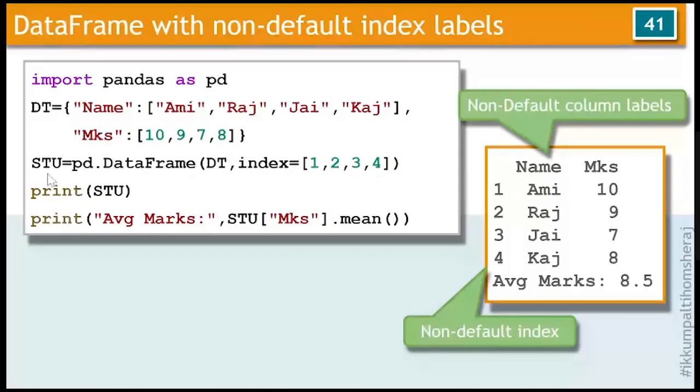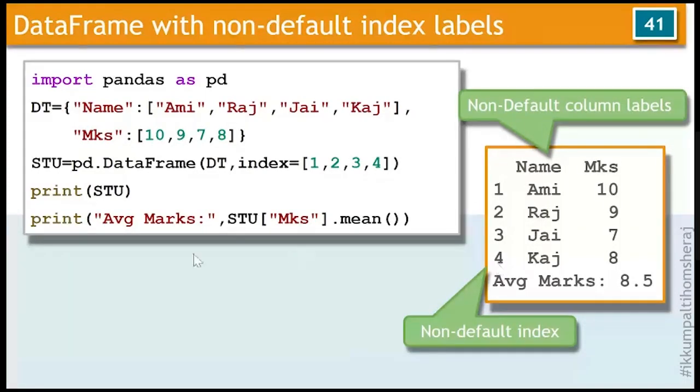So if we simply write stu = pd.DataFrame(dt, index=[1, 2, 3, 4]), basically we are giving customized names for our column labels, and we are giving customized names for our indexes. If we do not specify, instead of 1 2 3 4, you will see 0 1 2 3.